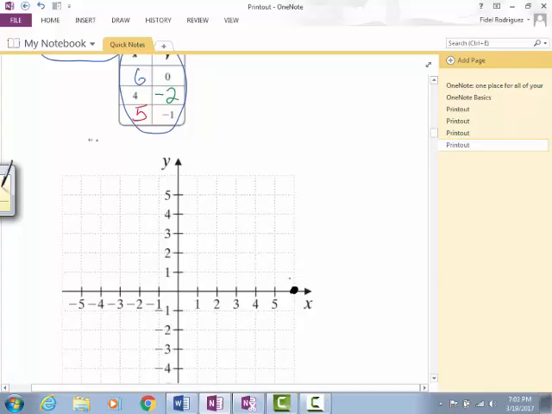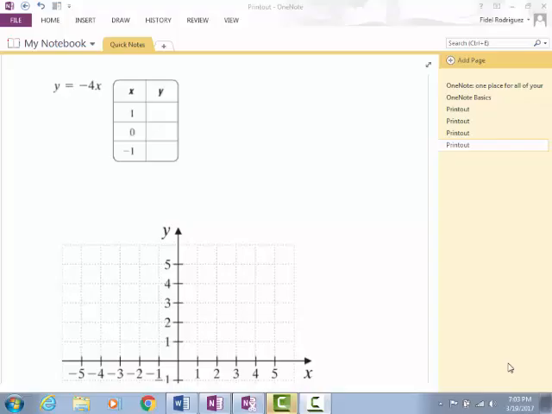My next point should be 4 and negative 2. So that'll be this point right here. And my last point is going to be 5 and negative 1. So that'll be that point right there. And if you notice, I can draw a line, and it goes through all those points. And we're done.